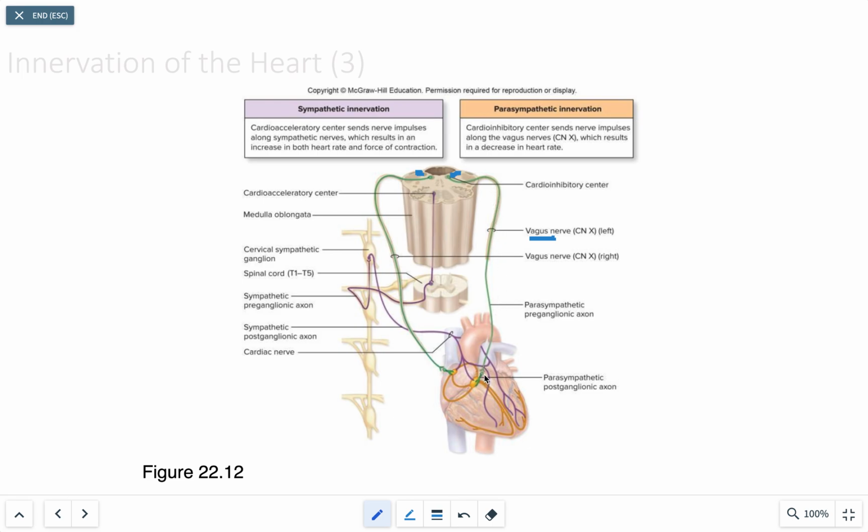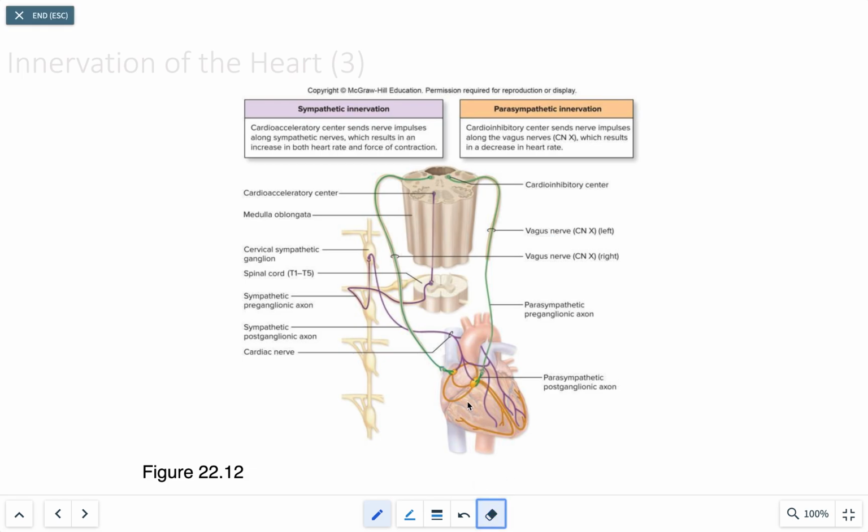It's going to terminate in the SA node and it's going to terminate in the AV node. We do not see it going into the ventricular side of the heart.